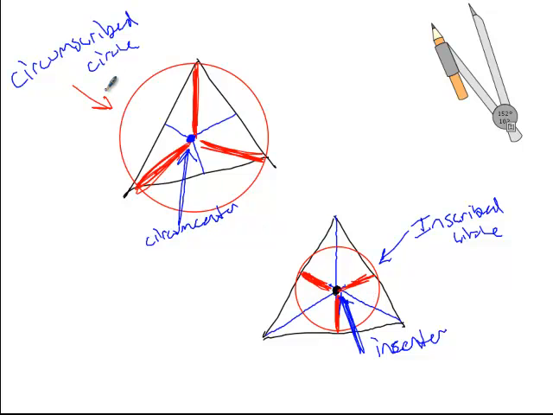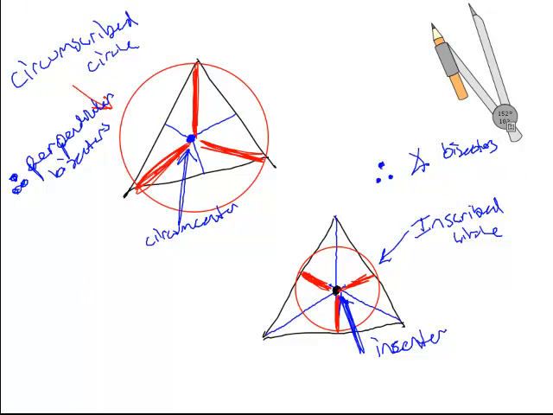We have a circumscribed circle with, come on, you can do it, with perpendicular bisectors. A circumscribed circle when you have perpendicular bisectors. And we have an inscribed circle when we have angle bisectors.